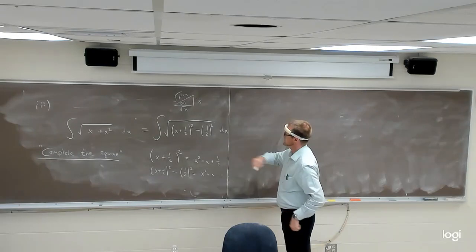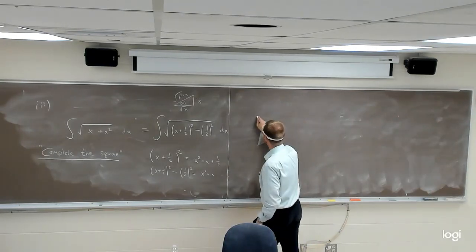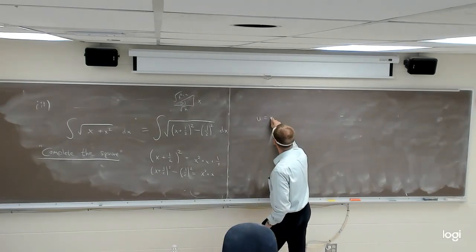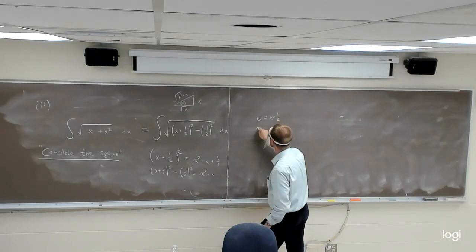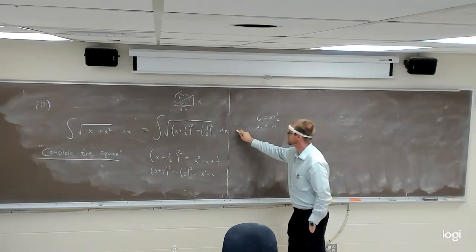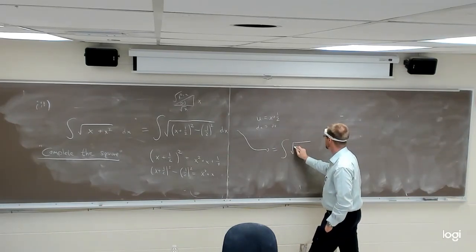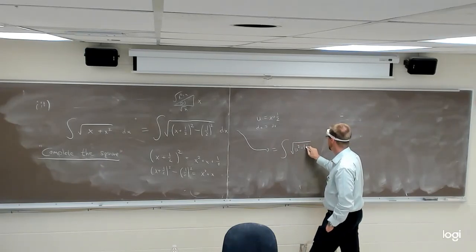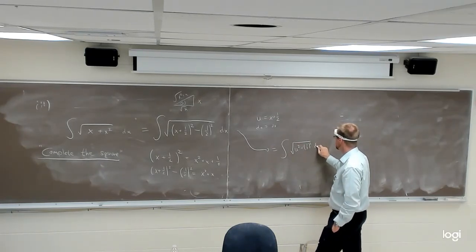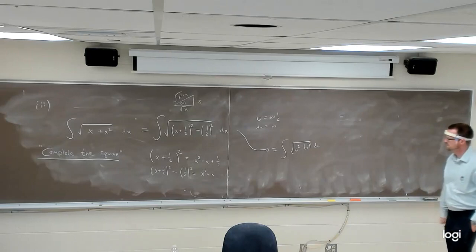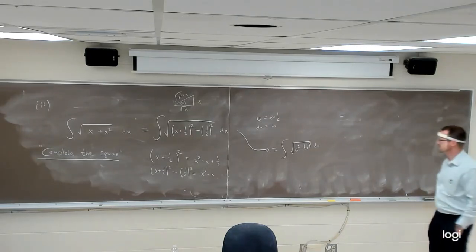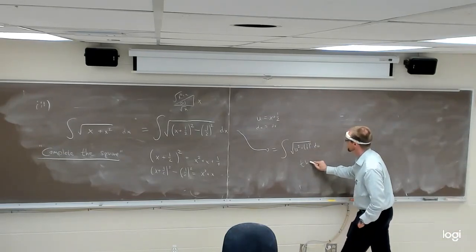So the place I probably want to go from here is substituting. If I substitute u as x plus a half, du is just dx, because the derivative is 1. This becomes square root of u squared minus a half squared du. And at this point, again, I'll say then trig sub.